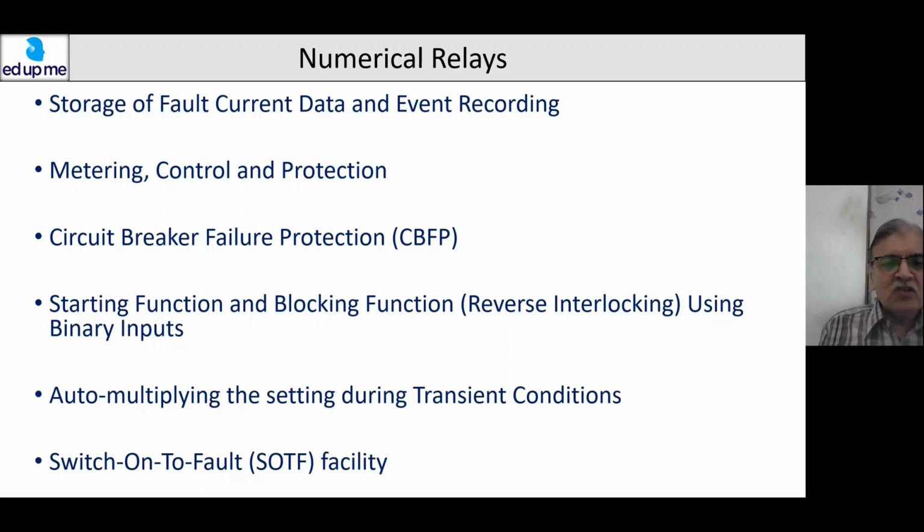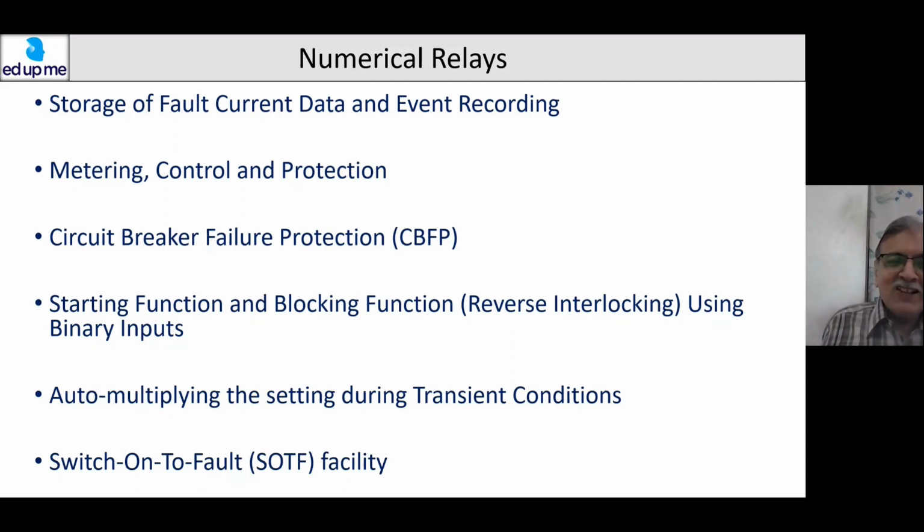Now in these newer relays, whenever you switch on the unit, motor or transformer, the setting of the high set unit automatically multiplies itself 3 times, 4 times, that is settable. 2 times, 3 times, 4 times, whatever you want to do. So it will go to a higher value. Therefore, you can set the instantaneous unit at a lower value, right?